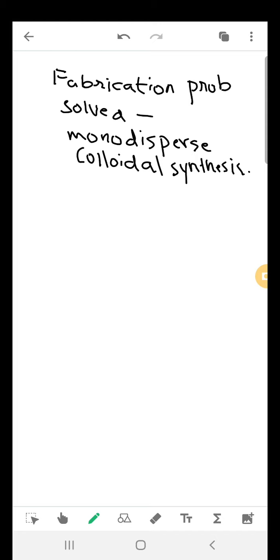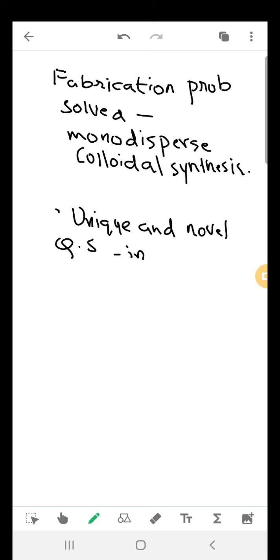And unique and novel quantum structures can be created by integrating different types of semiconductor quantum dots.